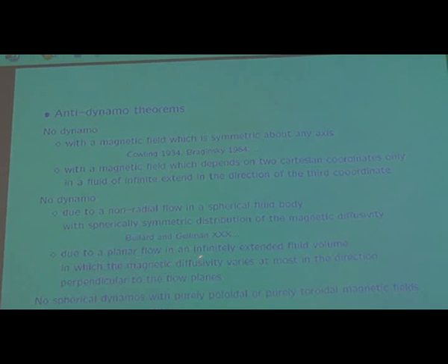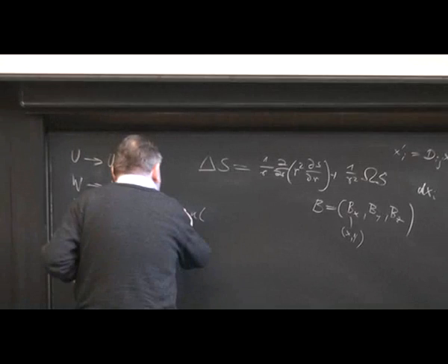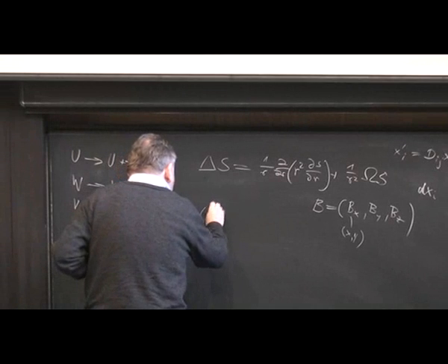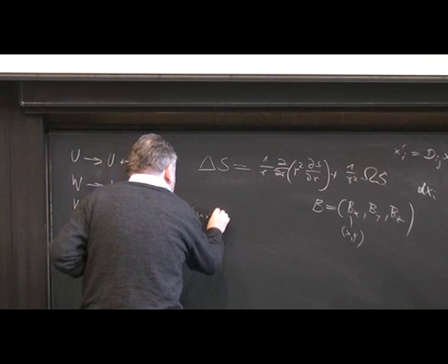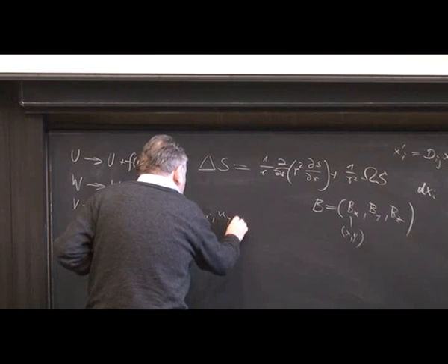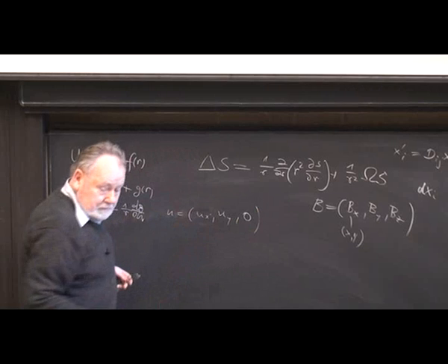A planar flow in an infinitely extended volume cannot produce a magnetic field. And with a planar flow, I mean U is, for example, Ux, Uy, and no third component.